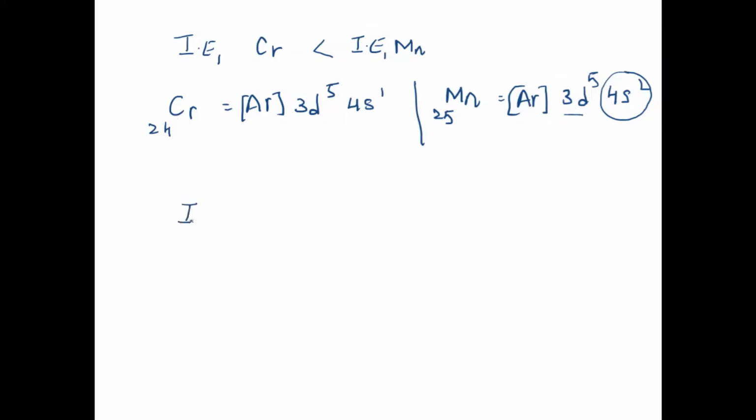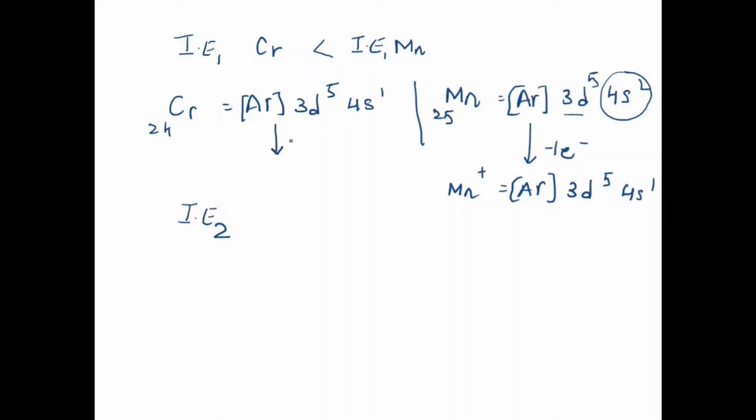Now the twist comes when we talk about the second ionization energy. First ionization energy means one electron has been lost, so manganese is converted to the manganese ion, which will be 3d5 4s1.